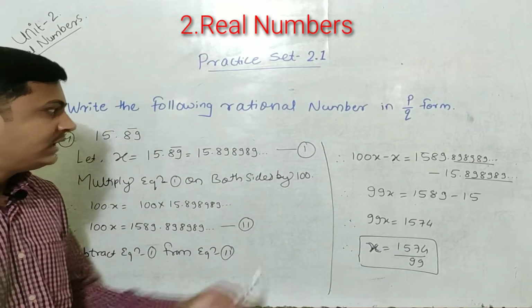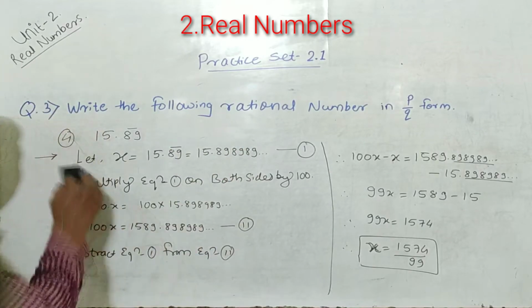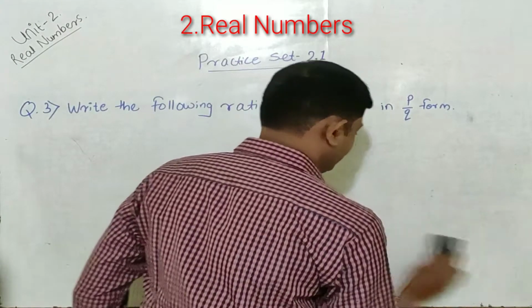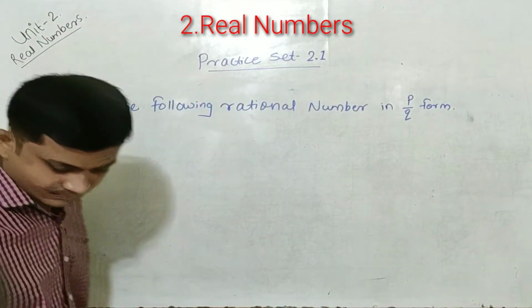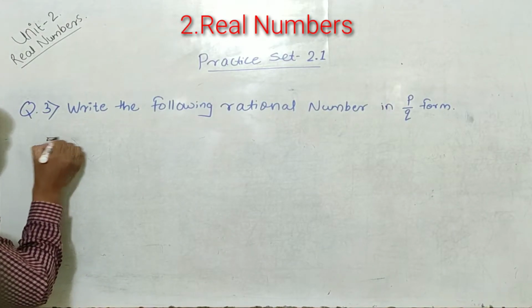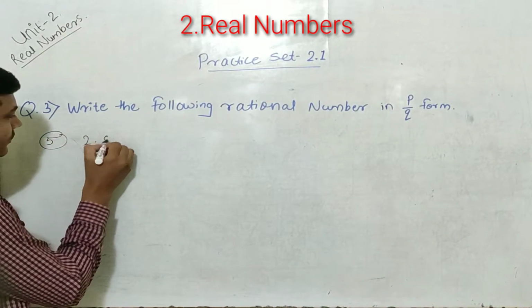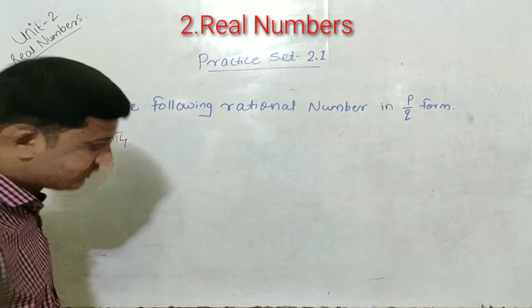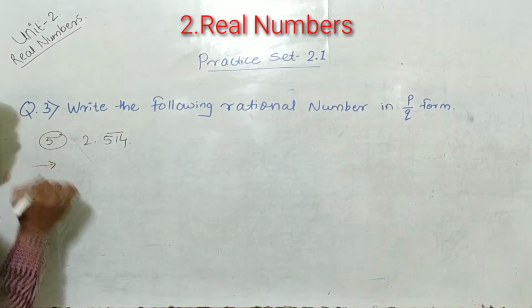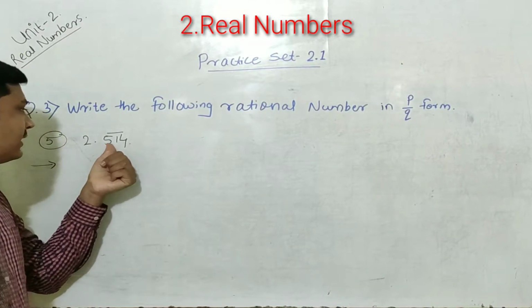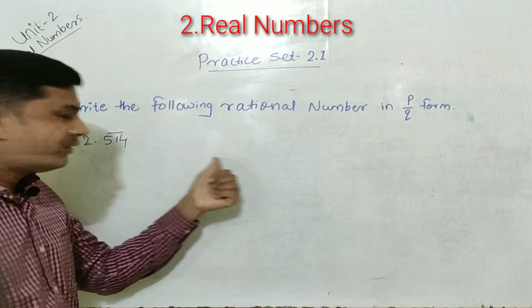The last question we have to see of question number 3 is 2.514 bar. Here, after the decimal point, 3 digits are repeating, that is 514, 514, 514.